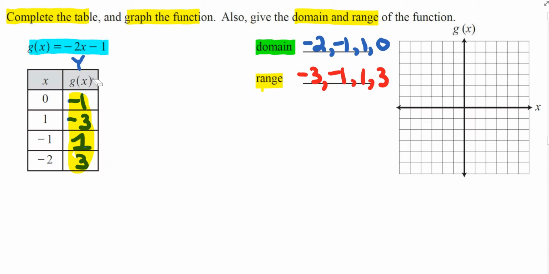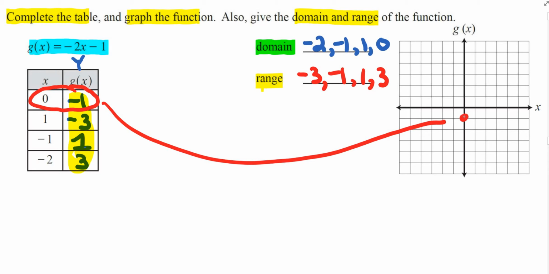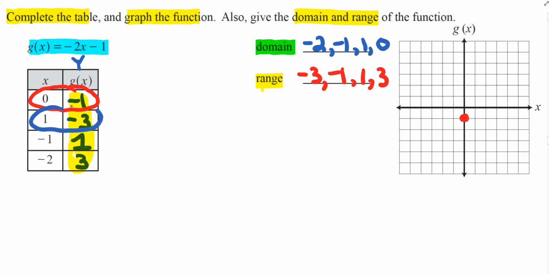After that, all you're doing now is plotting the points. If I have 0 and negative 1, let's plot that on the graph. So 0 and negative 1 is going to be roughly right there. Then let's plot 1 comma negative 3, which is about there. Then let's graph negative 1, positive 1, which is about there.